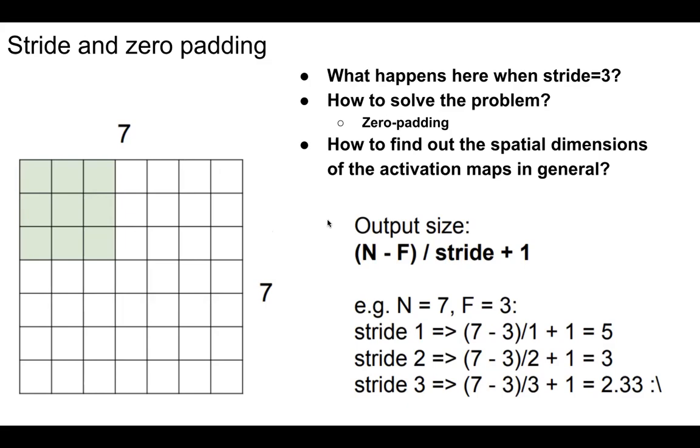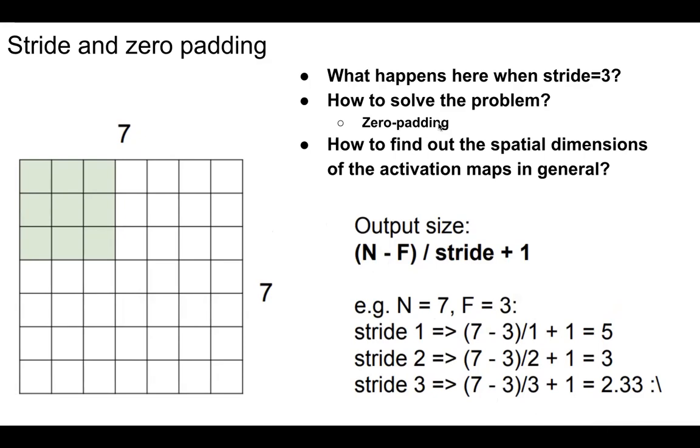So n is 7 and f is 3. 7 minus 3 is 4, by the stride is 1, it is just 4, plus 1 is 5. If the stride is 2, it is 4 by 2 plus 1, it is 3. If the stride is 3, it is 7 minus 3 is 4 by 3, which is like 1 point something, and then plus 1 is 2 point something.